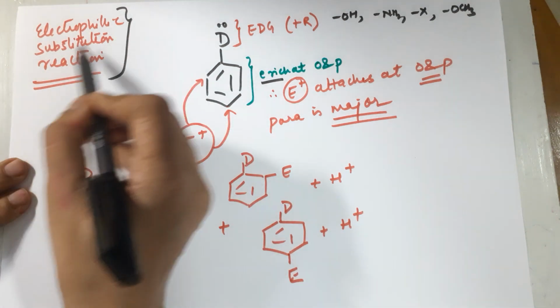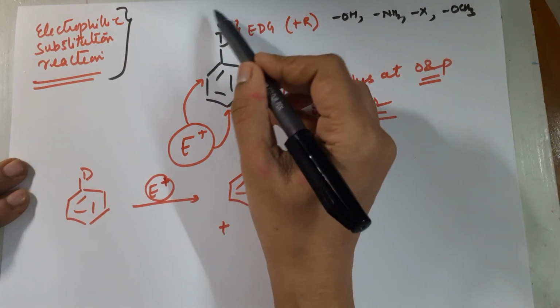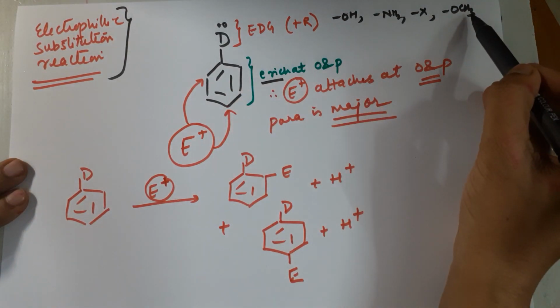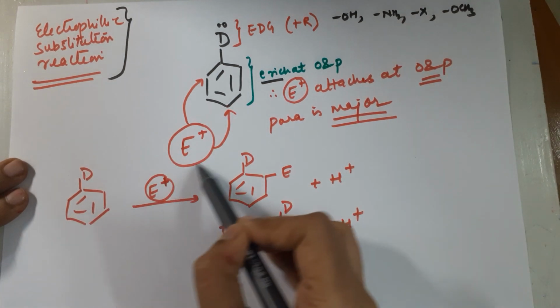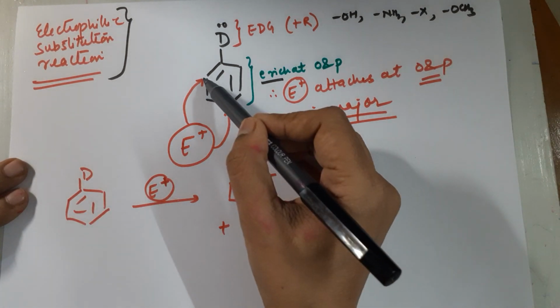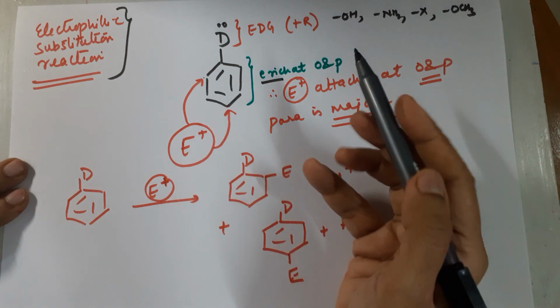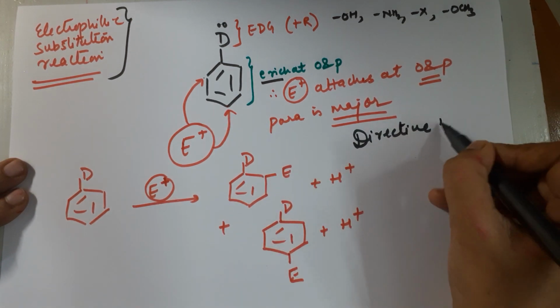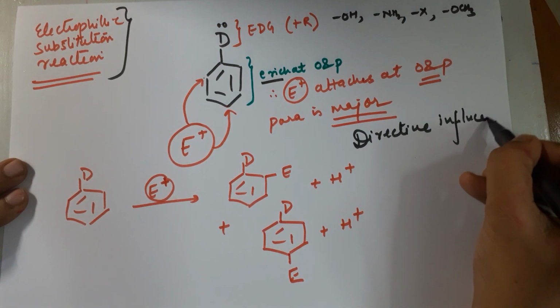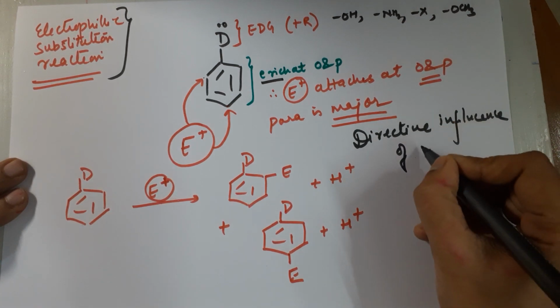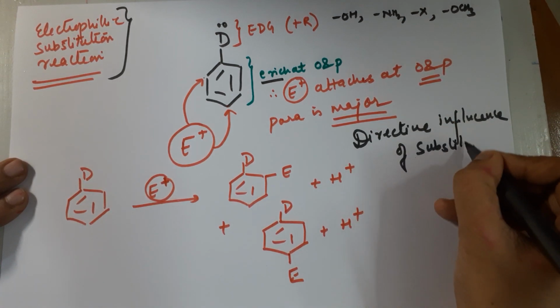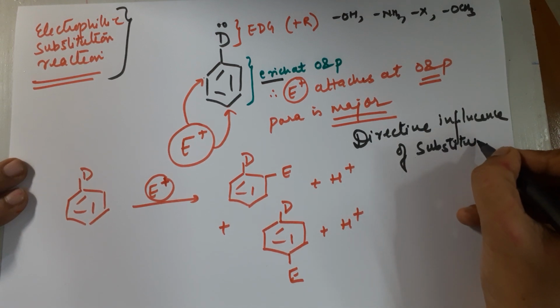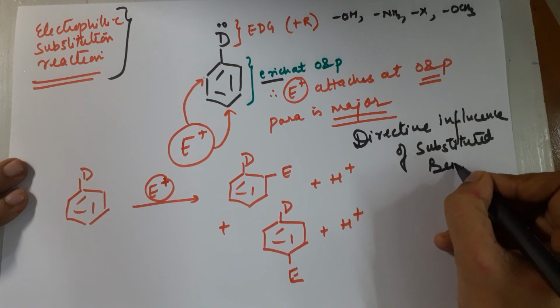Which means during your electrophilic substitution reaction, the presence of a donor group causes the electrophile to approach at the ortho and the para position. This is also called the directive influence of substituted benzenes.